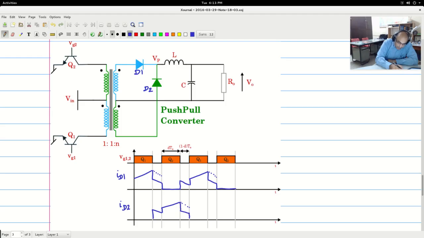You will see the pattern of the diode current which flows in this fashion, and jumps up and then goes like that. So this is how the diode currents will flow, and this is what you would actually see. Let me remove this dotted portion, and this is what you would actually see on a scope for the diode currents.